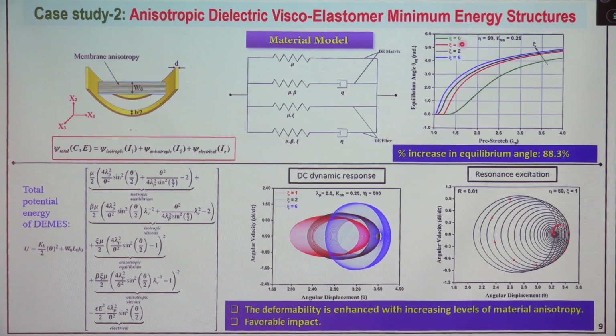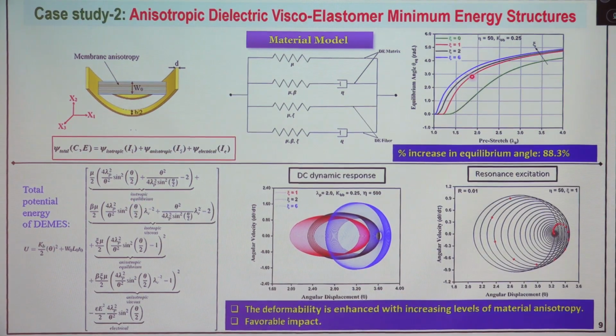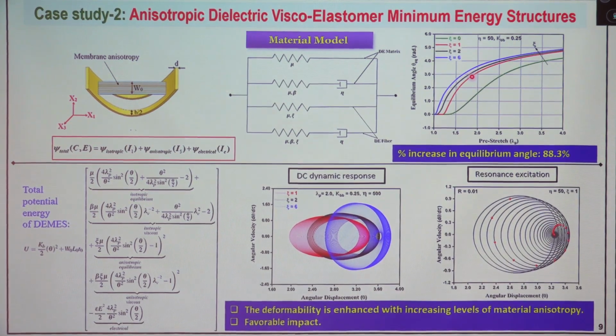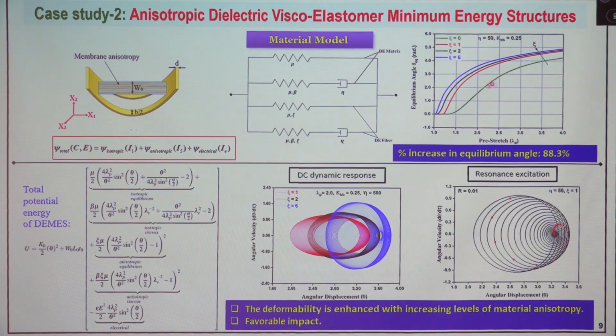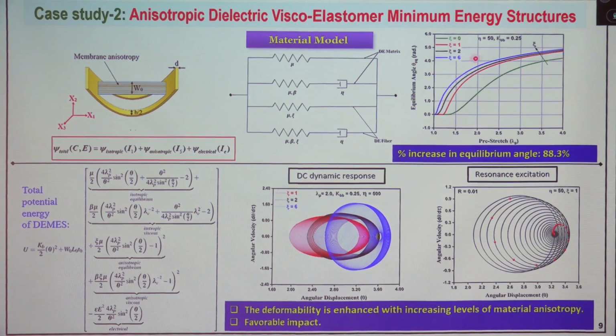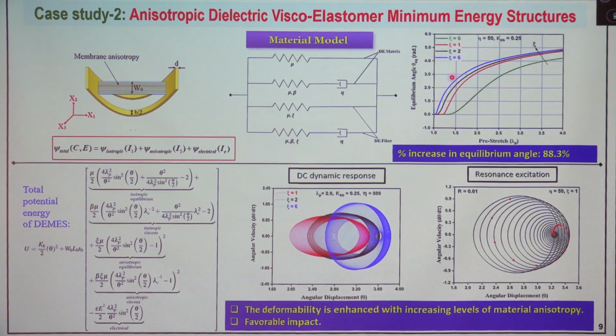When the anisotropy parameter is 0, this part vanishes and you have the isotropic membrane. As you keep on increasing the strength of the fiber reinforcement, you see the attained equilibrium angle with the pre-stress value keeps on increasing. That's what I am saying: if you have rubber of higher strength, it will bend the structure more.